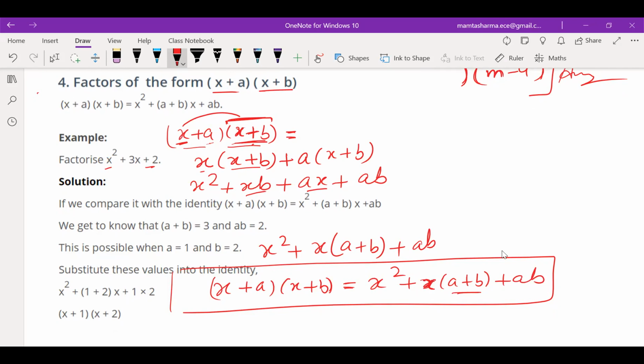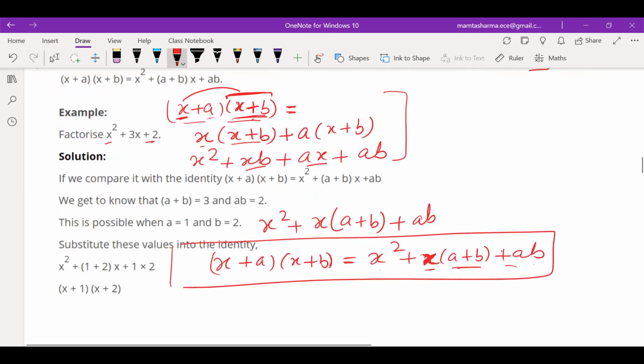Yes, x is present in the middle term. When you multiply using the distributive law, you will get this result: x square plus x, a plus b, plus ab.